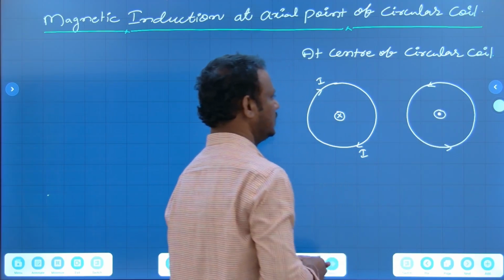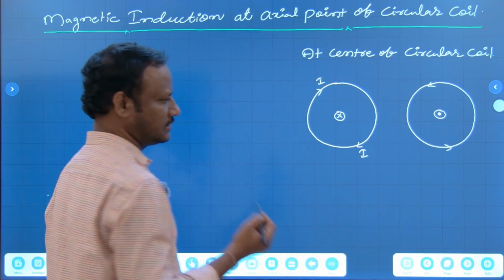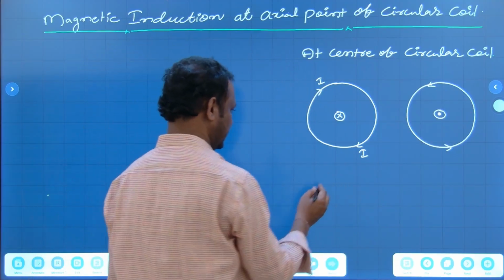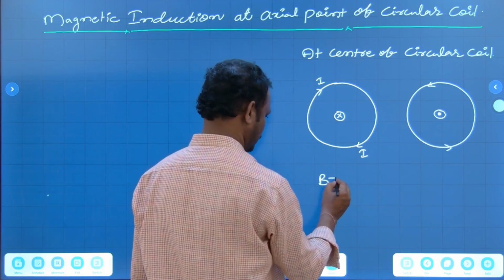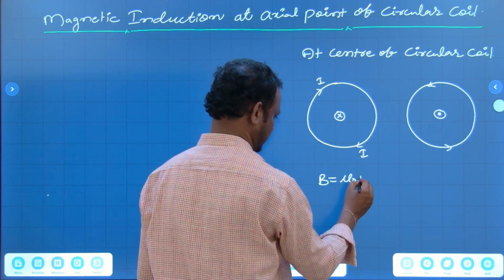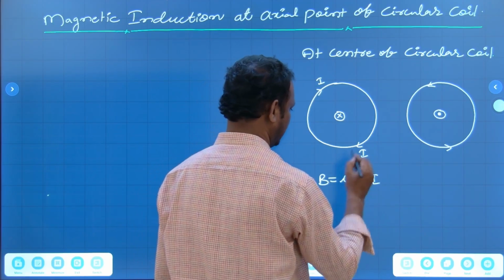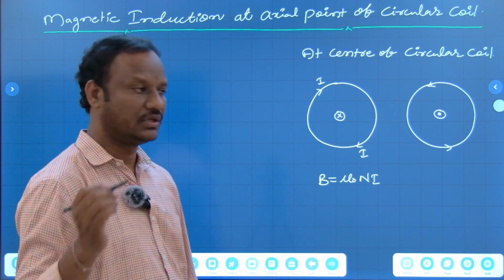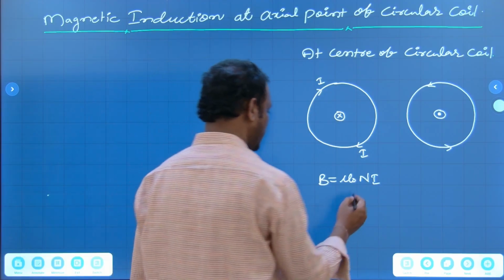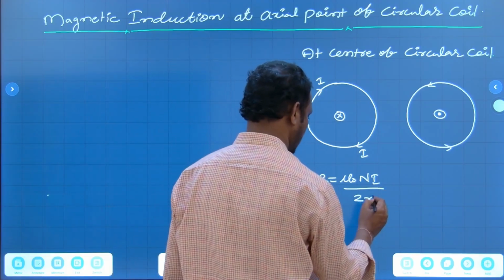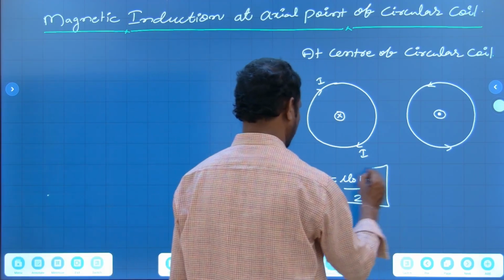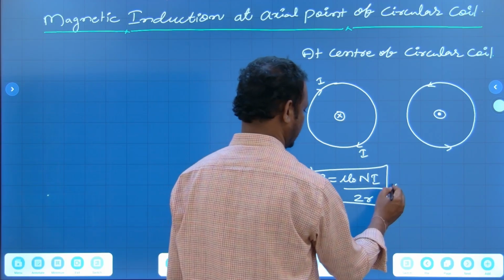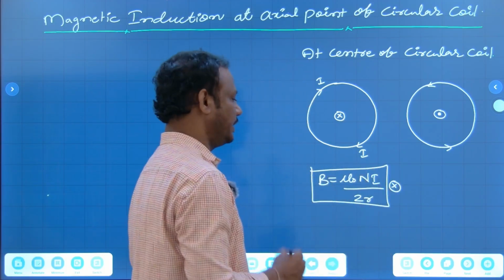For both cases, the magnitude is B equals mu naught N I by 2R, with capital N. Don't write small n, because small n is the number of turns per unit length. That is the magnitude. The direction for the first is into the plane, so minus k cap.